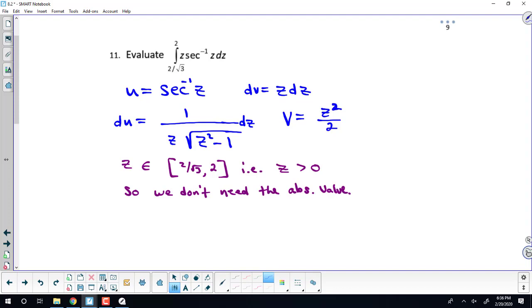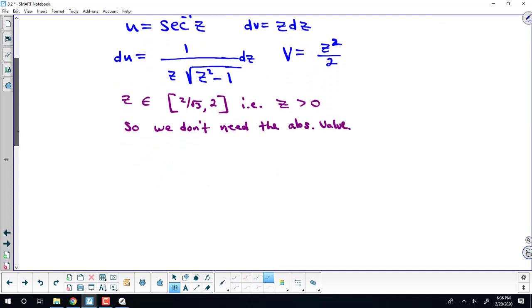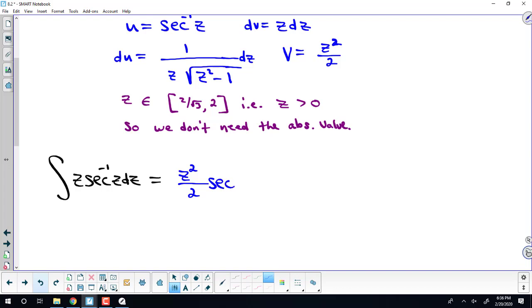Again, we're finding the antiderivative first, and then we'll worry about the bounds once we have the antiderivative. u times v, we have z squared over 2 times inverse secant of z, minus the integral of v du.